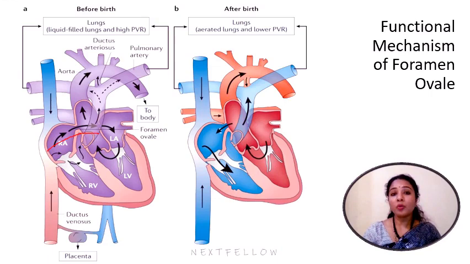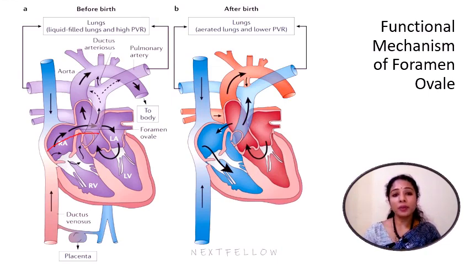When the blood flows from the right to the left atrium, the thin flap of septum primum moves away and there is no obstruction of the blood flow. But after birth, the left atrium receives oxygenated blood from the lungs, and the pressure within it becomes greater than that in the right atrium.